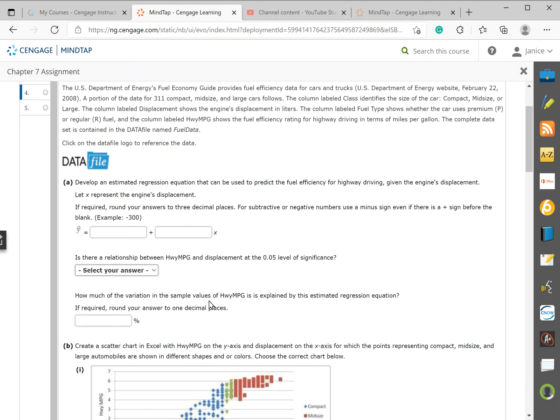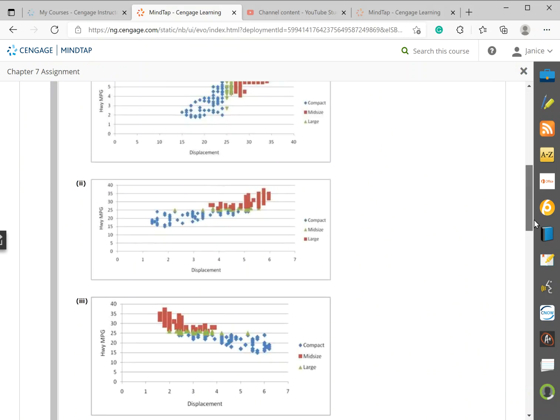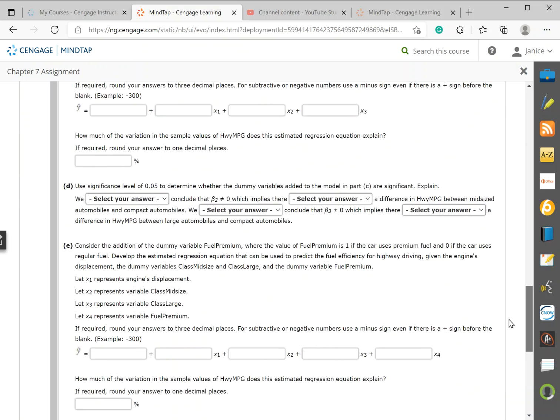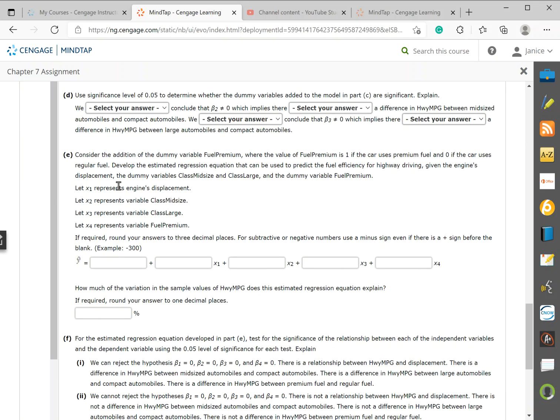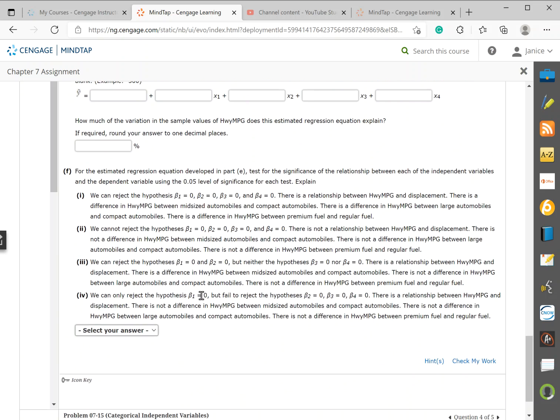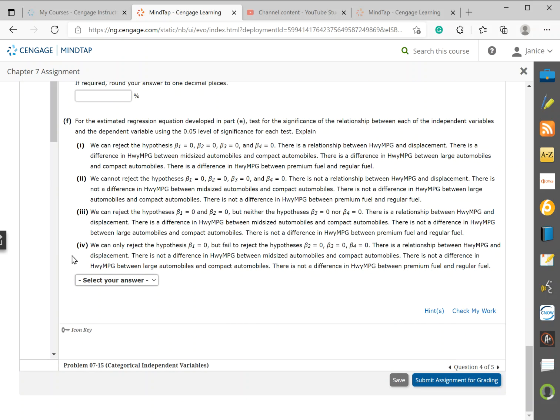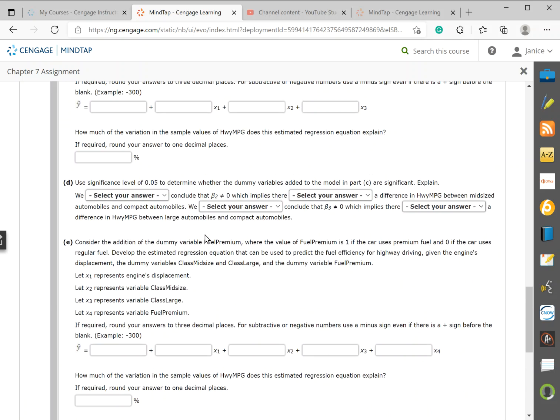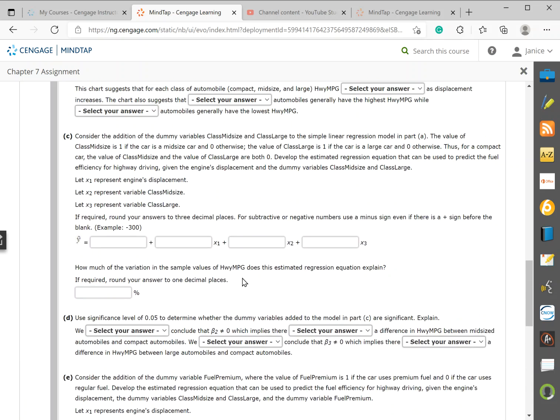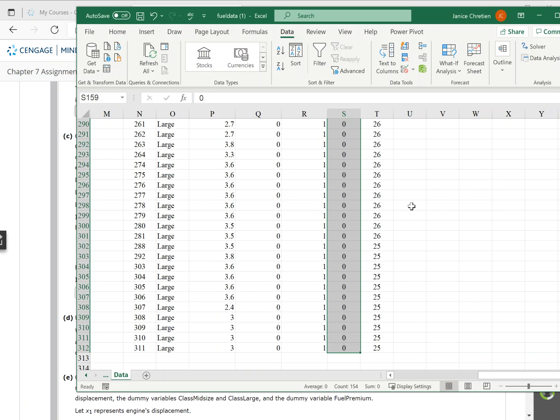Then I need to rerun that regression with engine's displacement at x1, class midsize, class large, and fuel premium, and then answer these questions, which you already know how to do. So I'm going to leave that one to you to complete. So just follow the steps that you did in the previous part of the question.